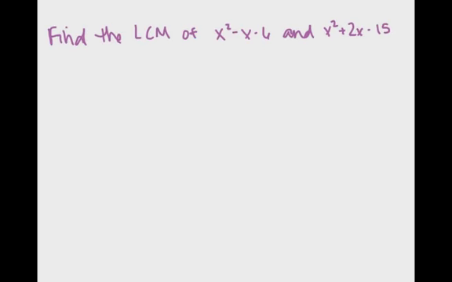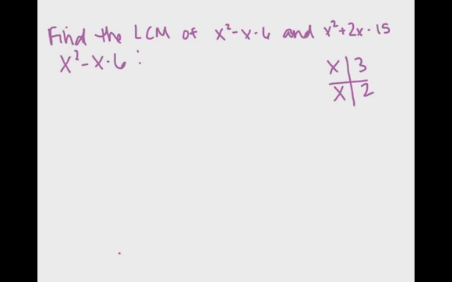Right, now we're going to find the least common multiple of x squared minus x minus 6 and x squared plus 2x minus 15. So for x squared minus x minus 6, we are going to factor. Right, so if we make our chart over here, we know that we have x and x going on the left, 3 and 2.